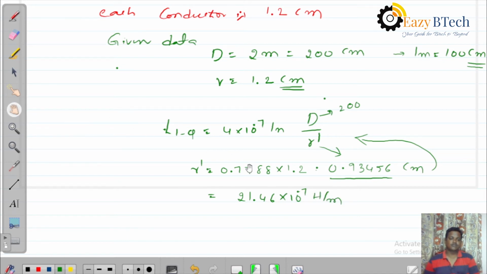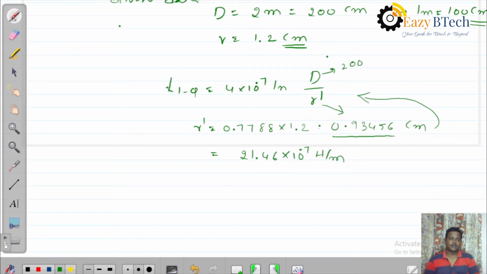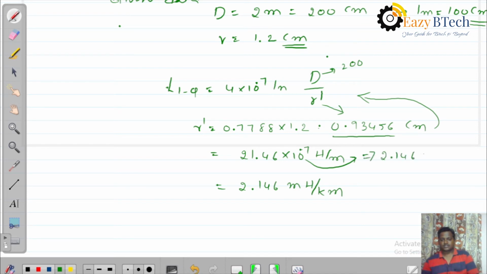We can also convert this into milli Henry per kilometer. The value becomes 2.146 milli Henry per kilometer. We can write this as 2.146 into 10 power minus 6 Henry per meter.